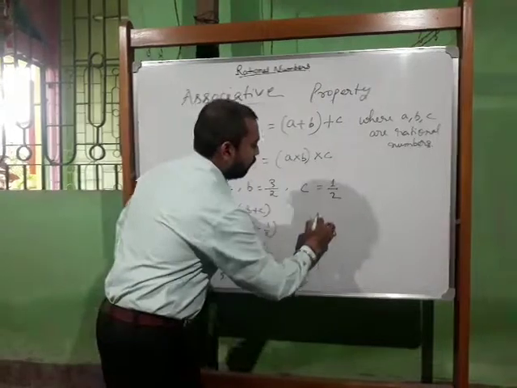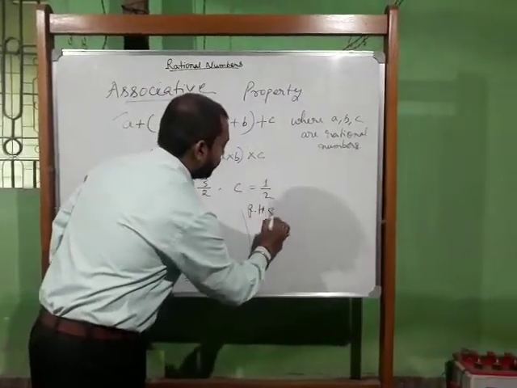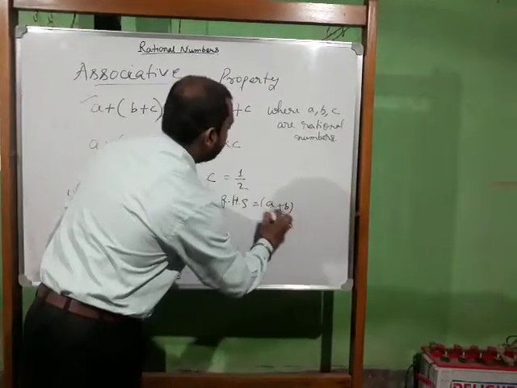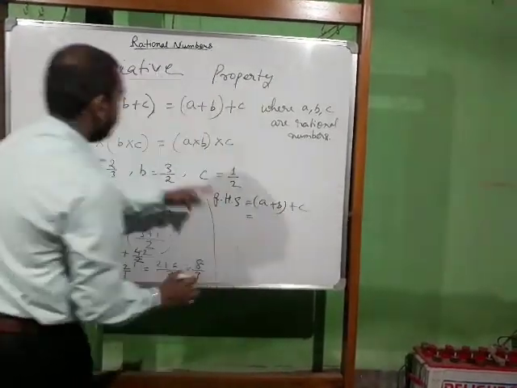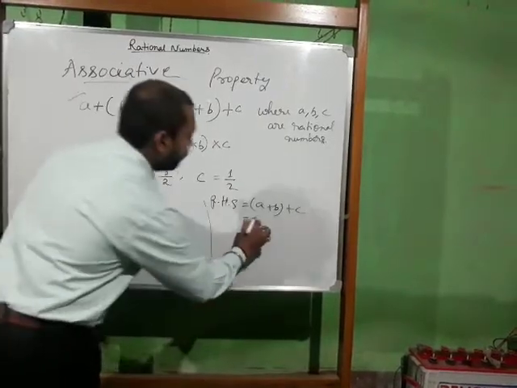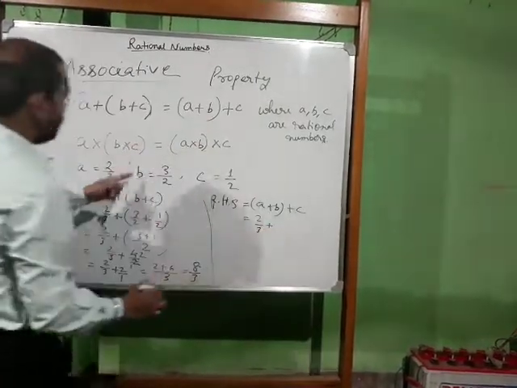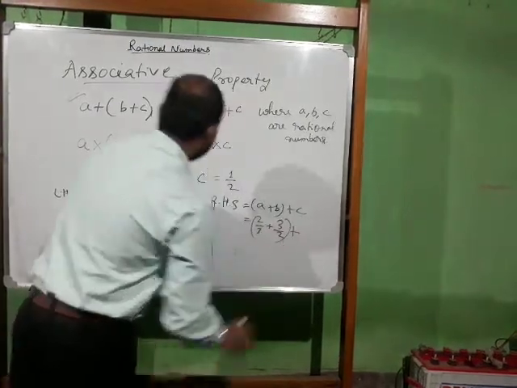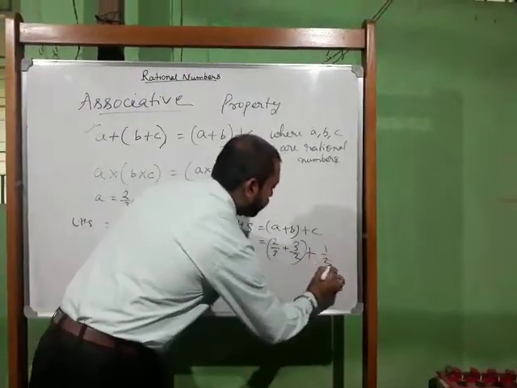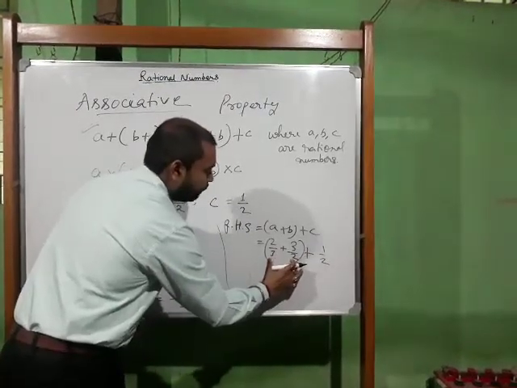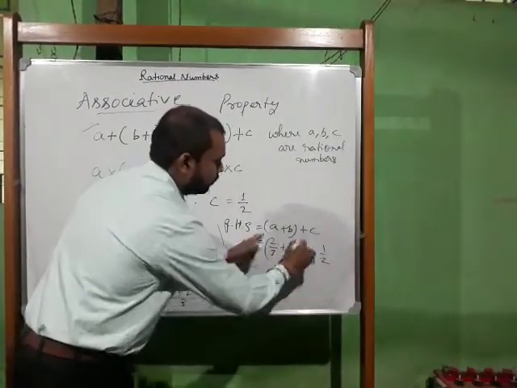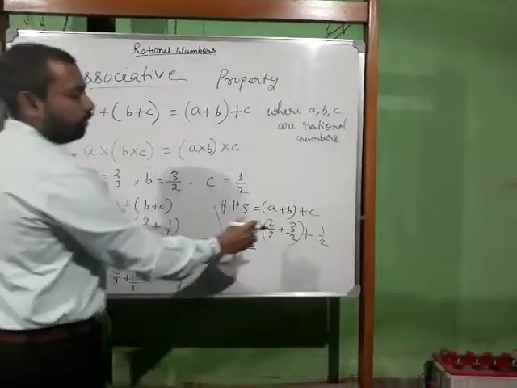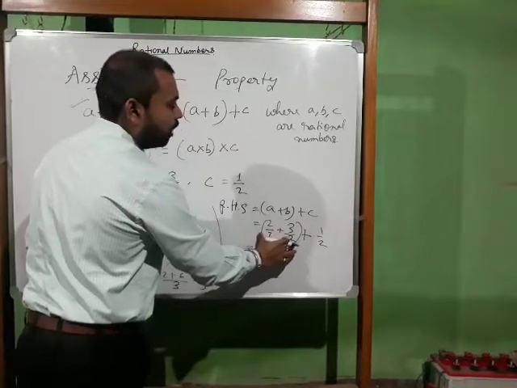Now we'll solve for RHS, that is right hand side. In right hand side it is there a + (b + c). Now again you take the value a, we have taken 2 by 3, so write 2 by 3 plus b, we have taken 3 by 2, plus c, we have taken half. Now we have to do at first this work because this is enclosed within the bracket, and you know in BODMAS rule the work within the bracket we have to do at first.